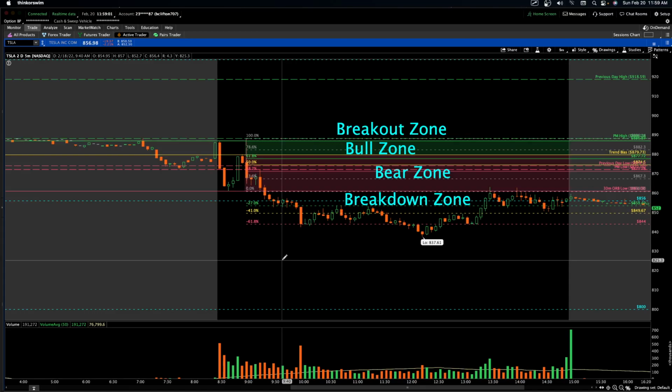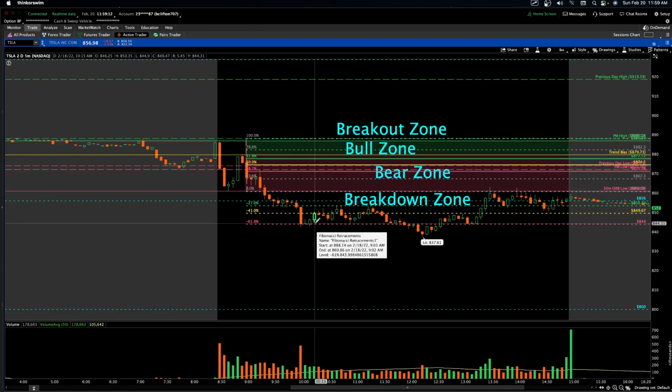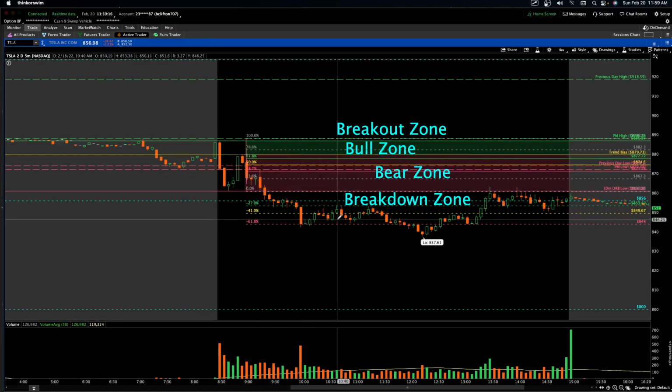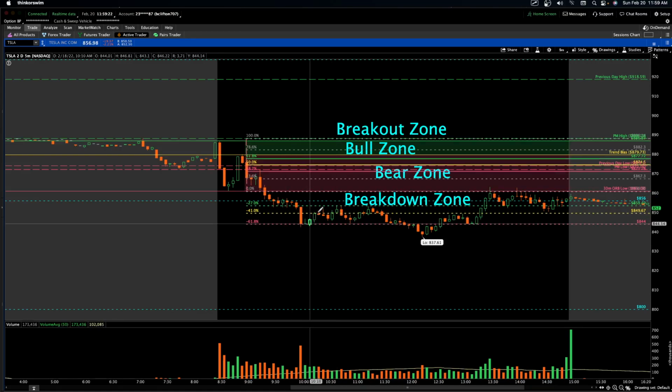Also, personally, I don't like taking a long or call position when we are trading below the breakdown zone, right? Because obviously the stock is pretty bearish at that point. Now, that doesn't mean that you can't take a scalp on it. Obviously these small bounces, there is some money there.